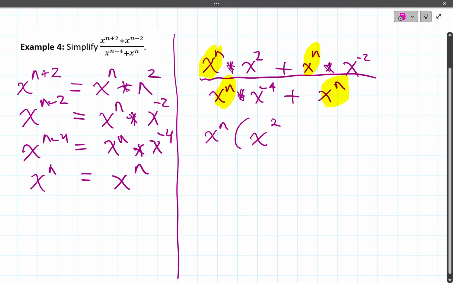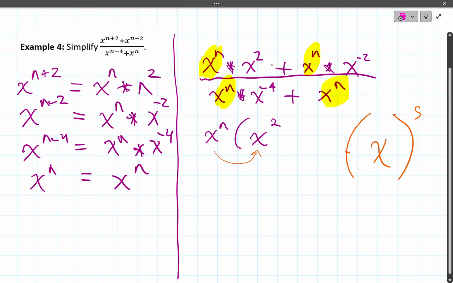So let's see, I'm left with x to the 2. Now remember, when we multiply indices, we add them. So in other words, if I multiply x to the n times x squared, I'm going to get x to the n plus 2. Don't be confused with the brackets.